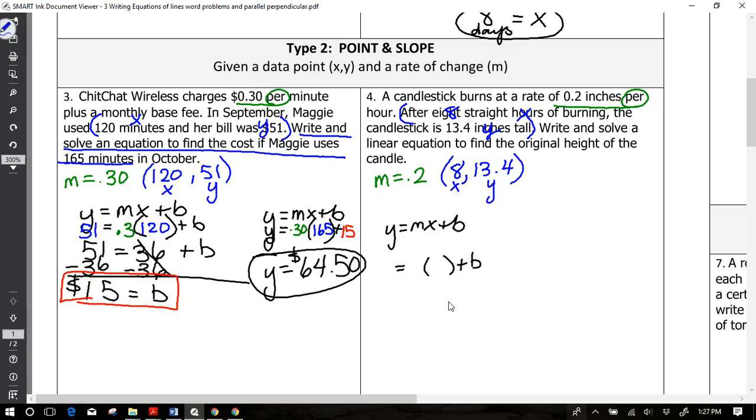So my y is 13.4, x is 8, and the slope is 0.2. And now what I'm going to do is simplify this.